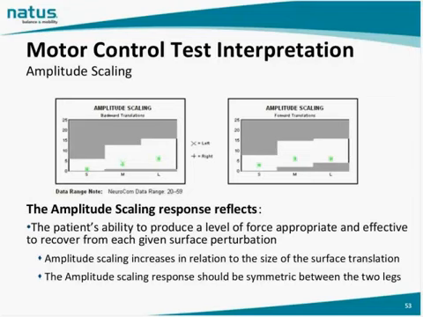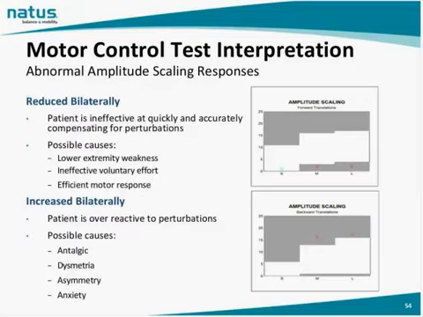The amplitude scaling is telling you whether or not the patient can generate enough force to maintain balance, or they generate excessive amounts of force in the maintenance of balance. It can be reduced bilaterally in cases where you have lower extremity weakness, somebody who is a very sedentary individual, they don't put forward, they don't get a lot of exercise, it's a generally inefficient type response.